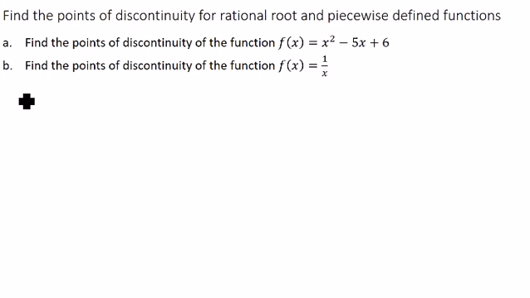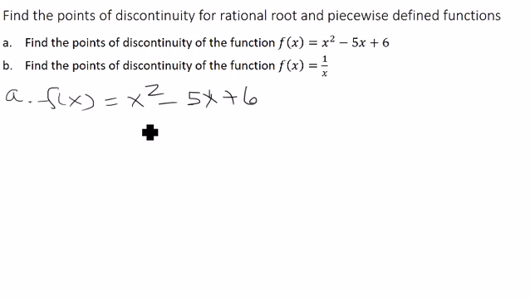So we have f of x equals x squared minus 5x plus 6, and we've got to find the points or the values of x where this function is discontinuous.